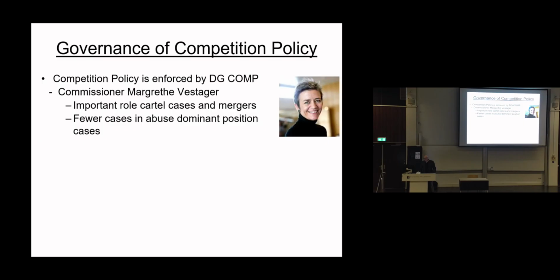Right, and that brings me to the governance of this competition policy. Who is in place? Well, it is the European Commission, and particularly the Directorate General for Competition Policy. And there is an important role for cartel cases, and we can see that in the last couple of years there are fewer cases of abuse of dominant position, although Microsoft and Google are always in the picture.